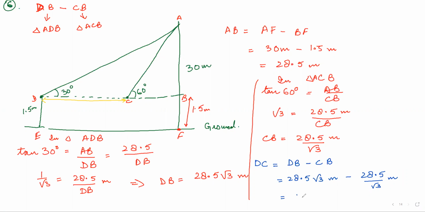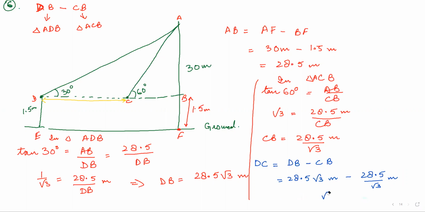So you can take 28.5 into root 3 common. So you have 1 minus how much? 1 upon, if you are taking root 3 common, so you need root 3 in the numerator, right?